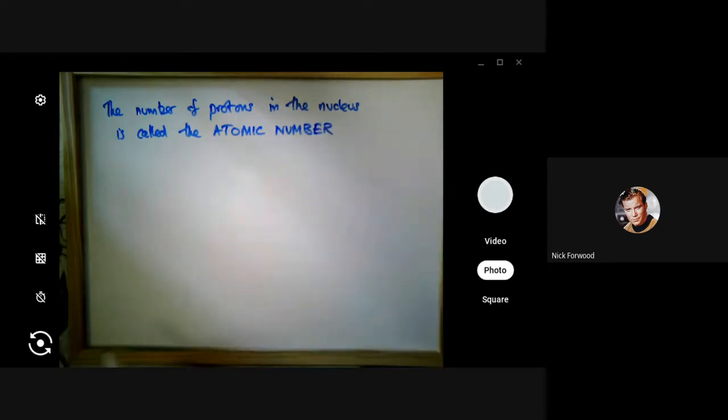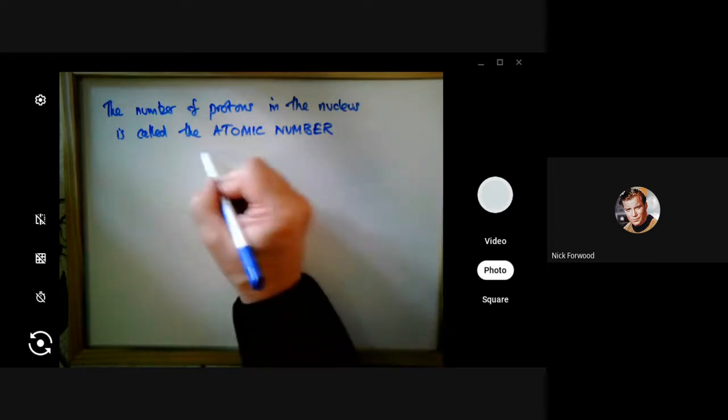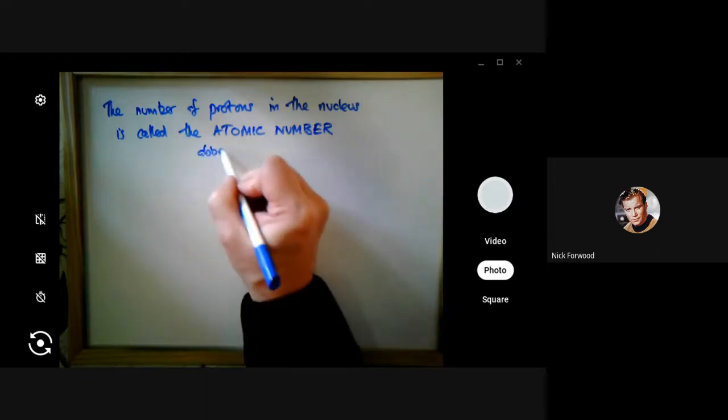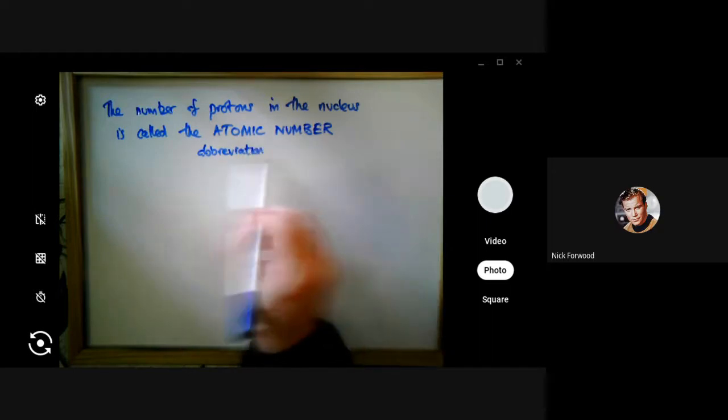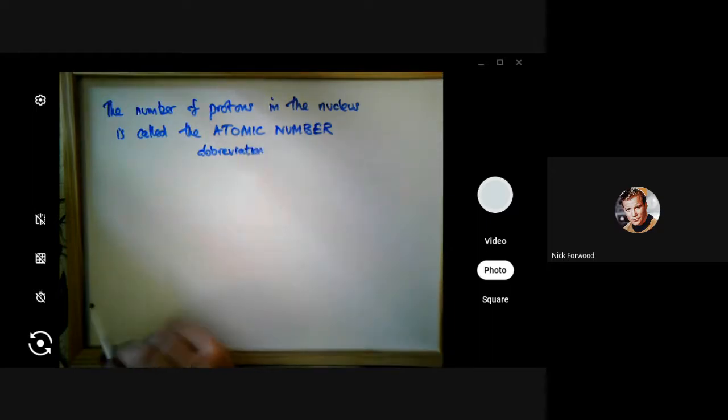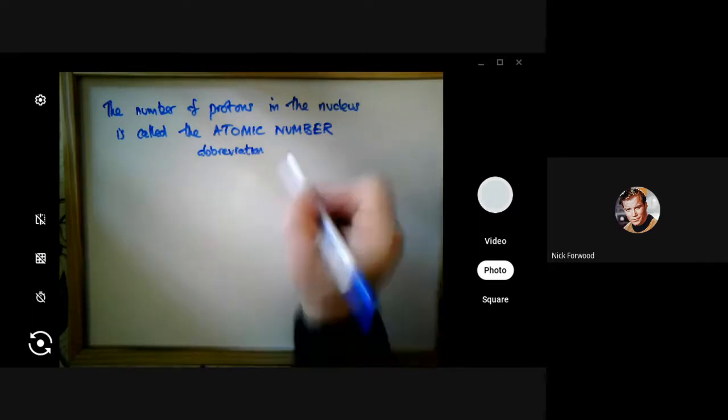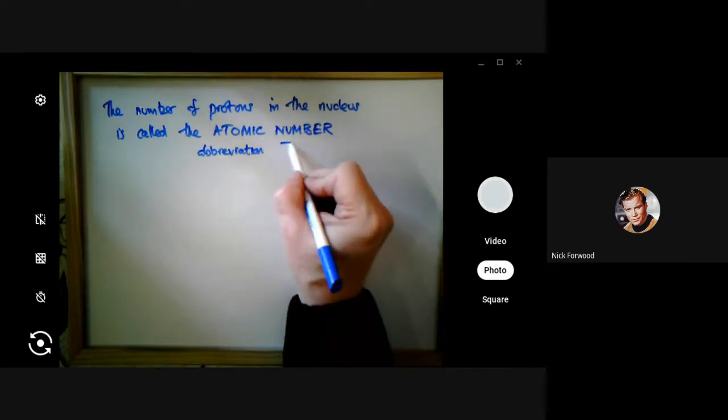And the atomic number has an abbreviation. It's an interesting abbreviation. It's such a long word for such a short idea. An abbreviation for atomic number is the capital letter Z.